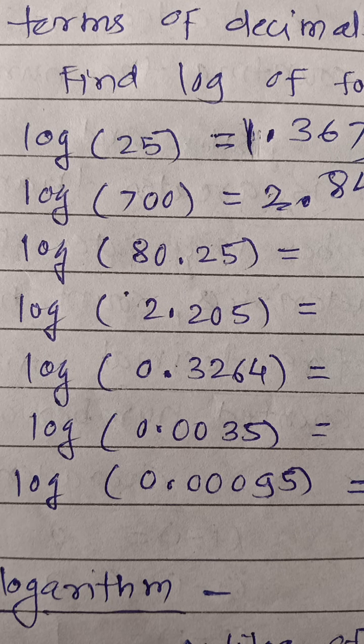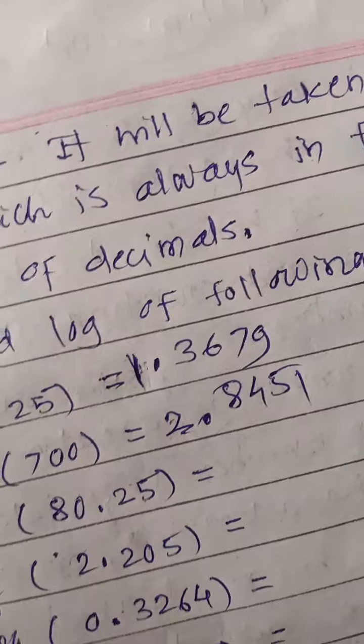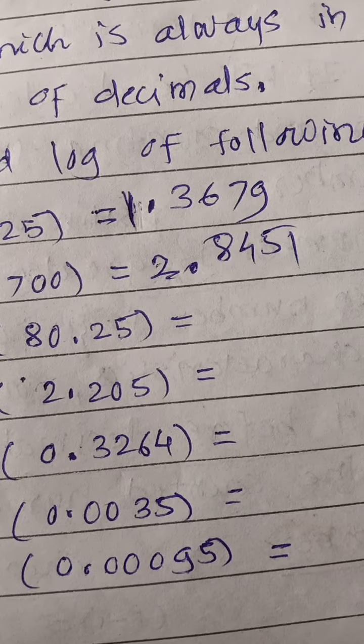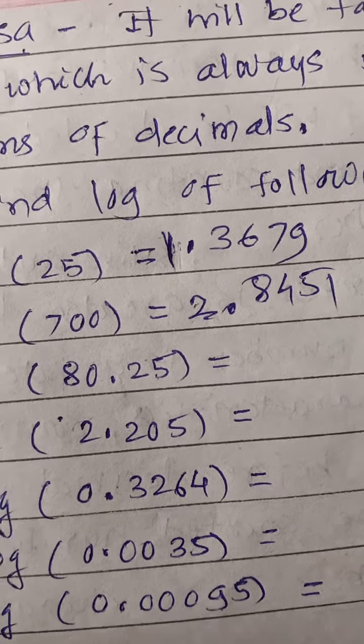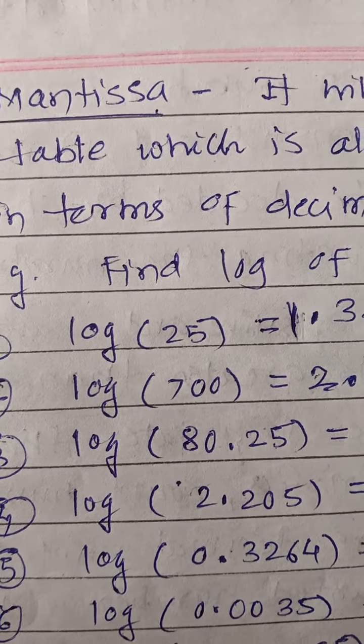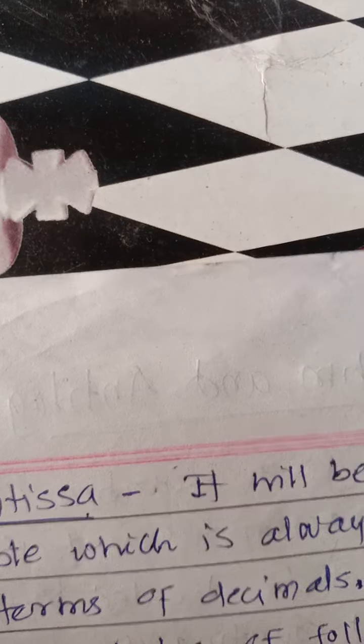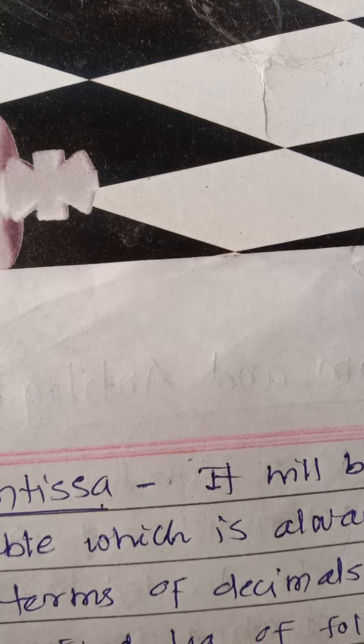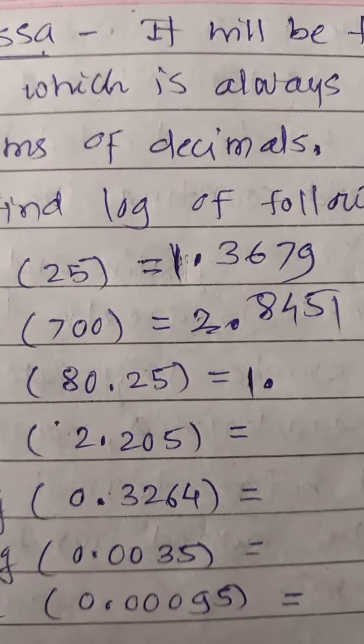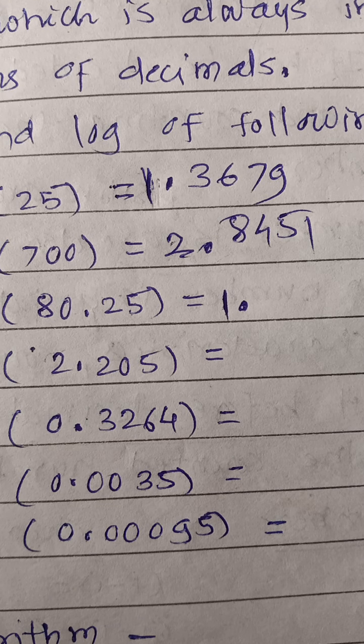Similarly, for 80.25, the log of 80.25, we will have to find. Again, before the decimal point there are only 2 digits, and therefore for this 80.25 the characteristic will come out to be 1. So it will be 1 point. Now we will have to find its mantissa.